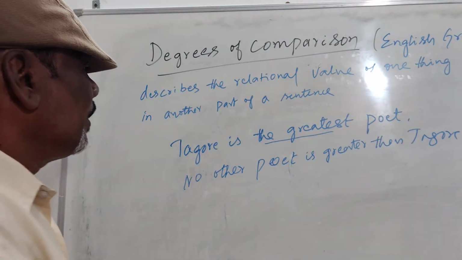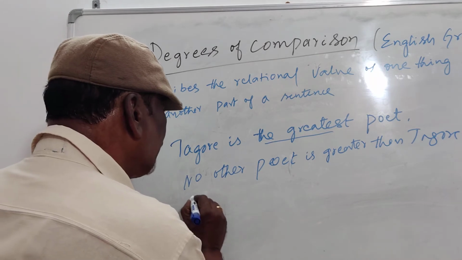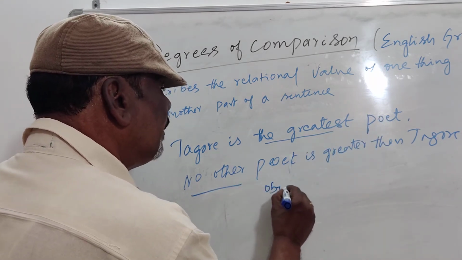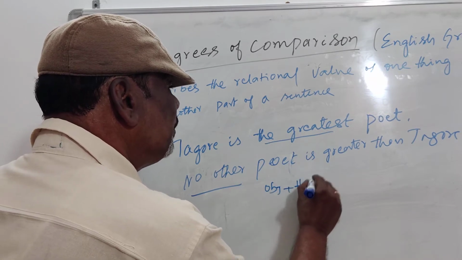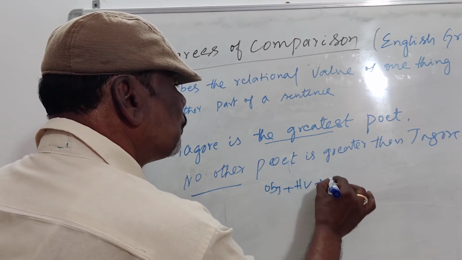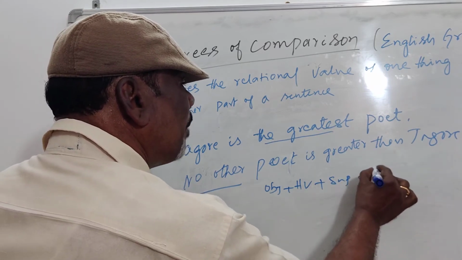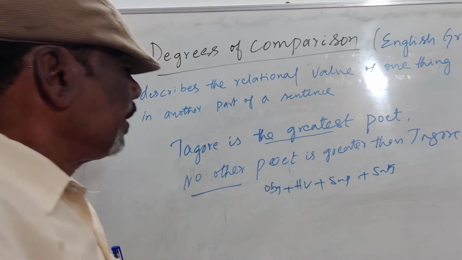Here you see, we have used "no other", and then the object is used, and then the helping verb is used, then the comparative degree, plus the subject.